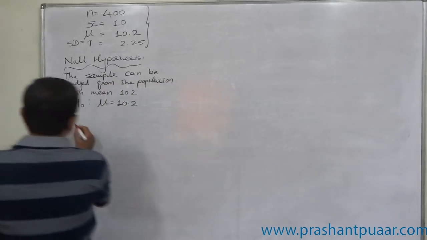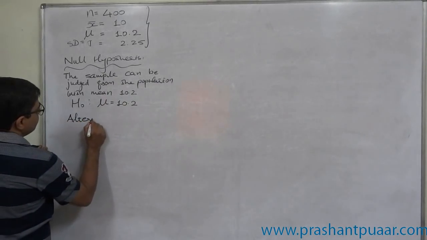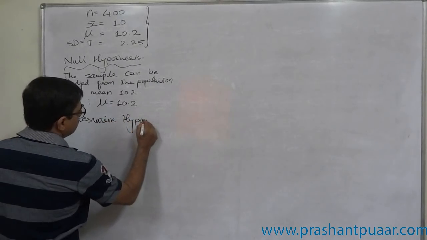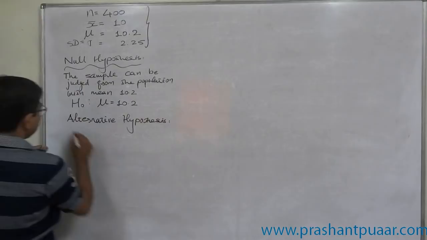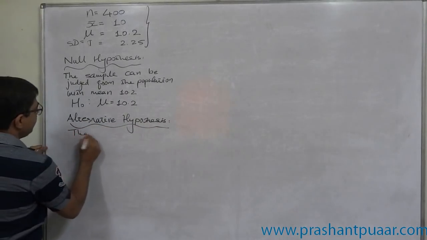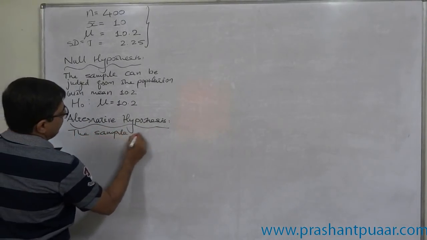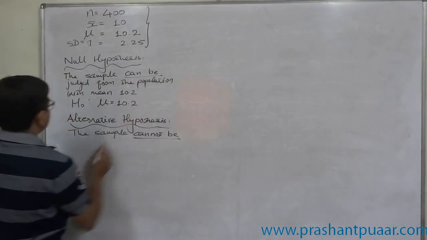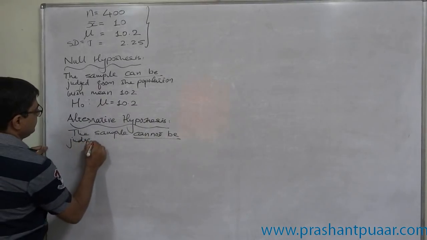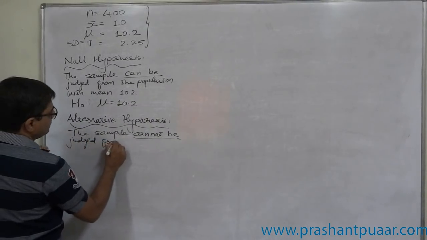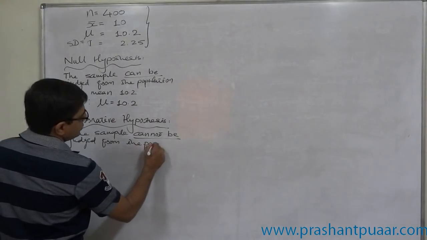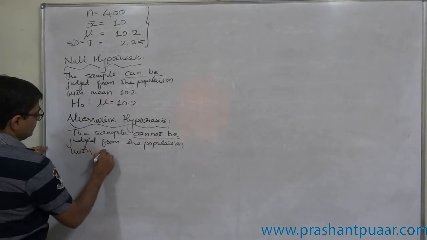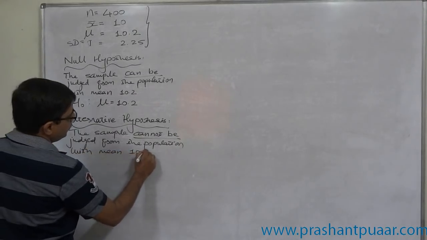That means the alternative hypothesis is that the sample cannot be judged from the population with mean 10.2.